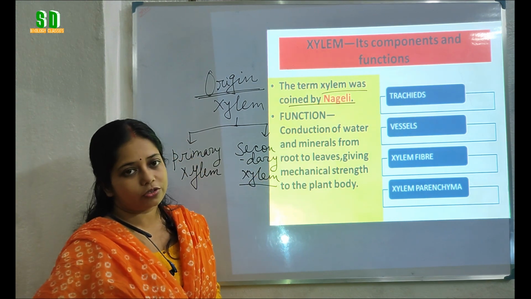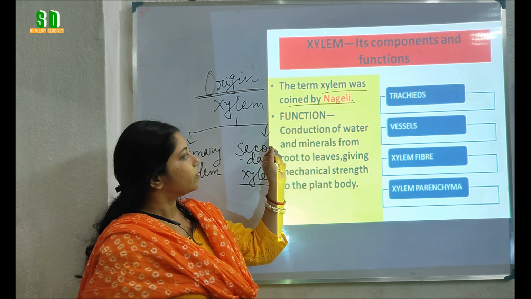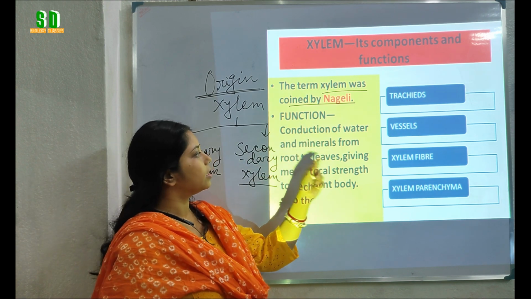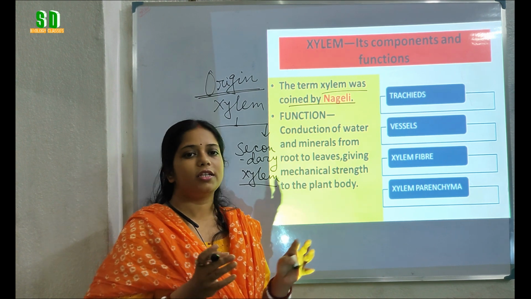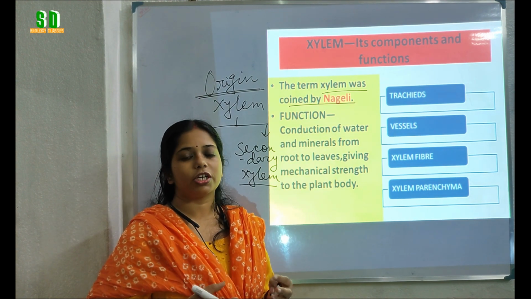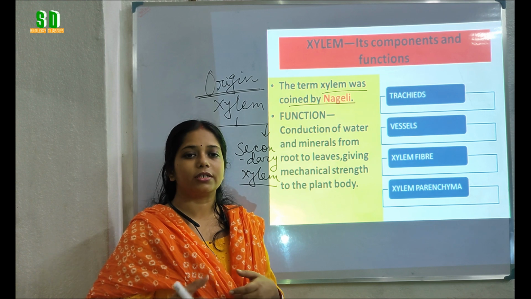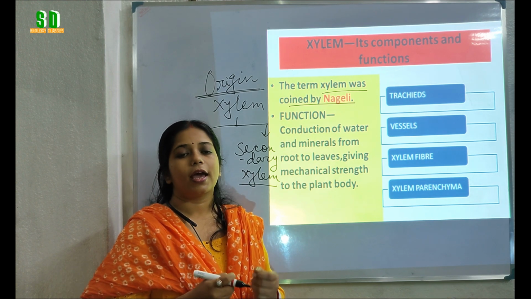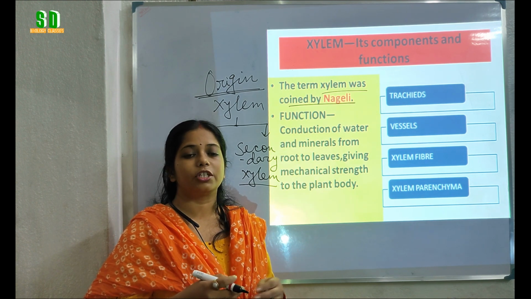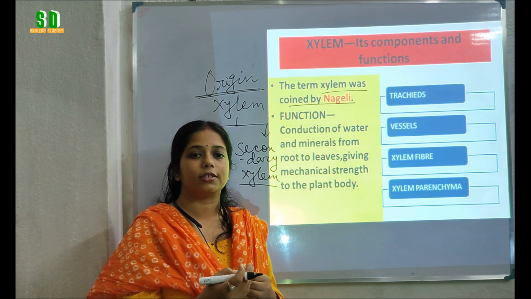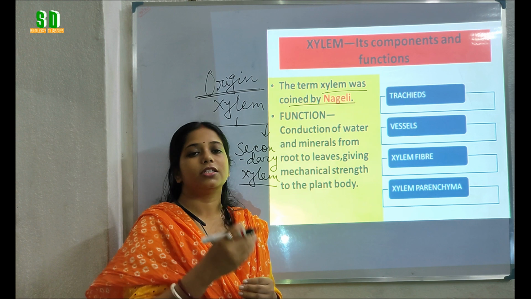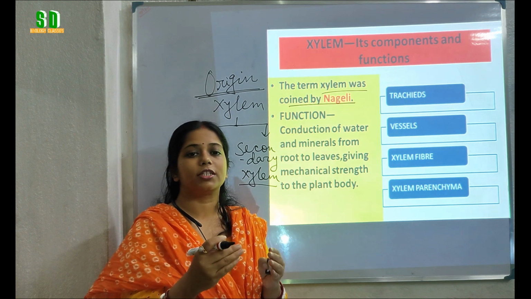Now, what is the function of the xylem tissues? Xylem tissue helps in the conduction of water and minerals from the root to the leaves of the plant. By the root hair, the water and minerals are absorbed from the soil, and then transported by the xylem tissue present in the root to the xylem tissue present in the stem, and ultimately reach the xylem tissue present in the leaf.